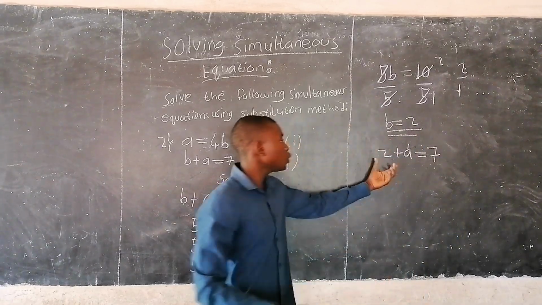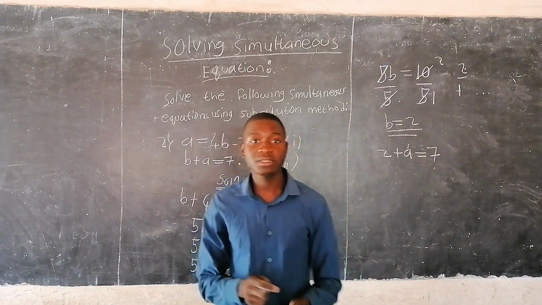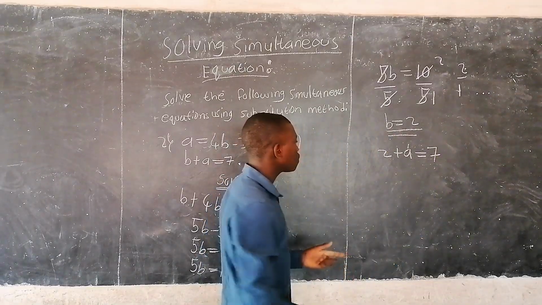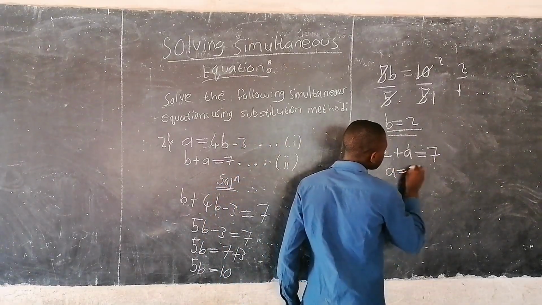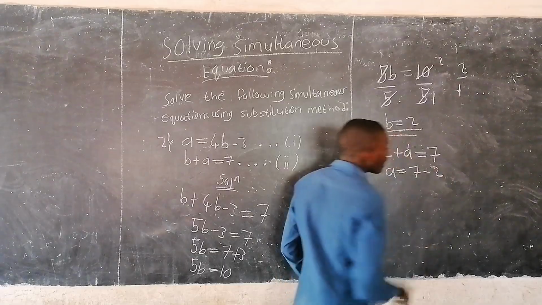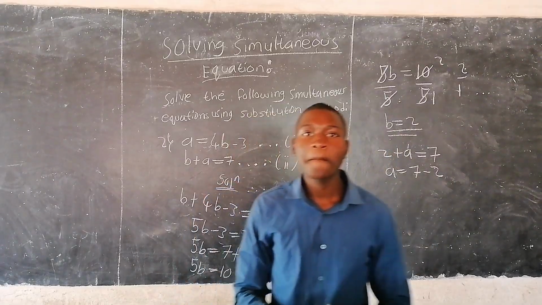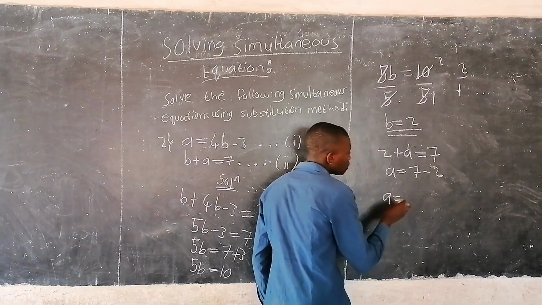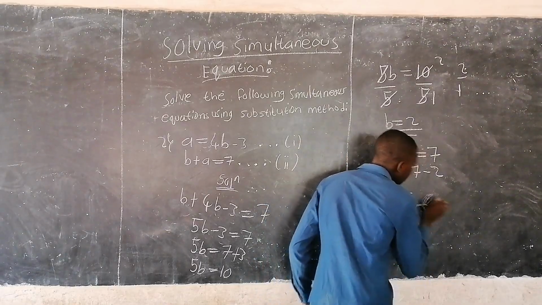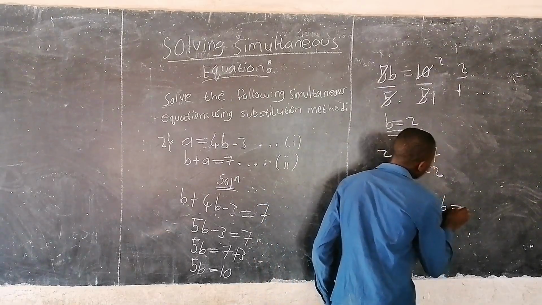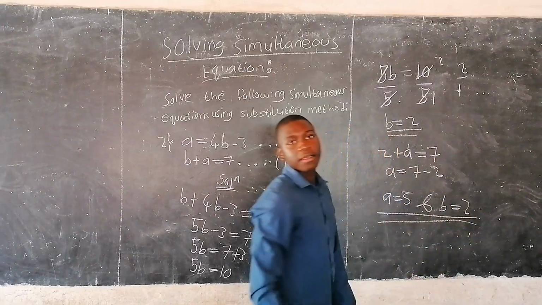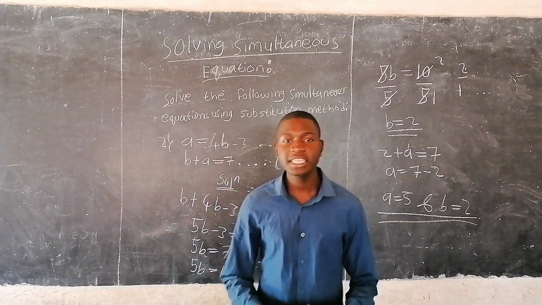As we can see, 2 and 7 are like terms, so we'll take 2 across the equal sign, which will give us a is equal to 7 minus 2. And we know that 7 minus 2 is 5. That means a is equal to 5 and b is equal to 2. That's our discussion for today.